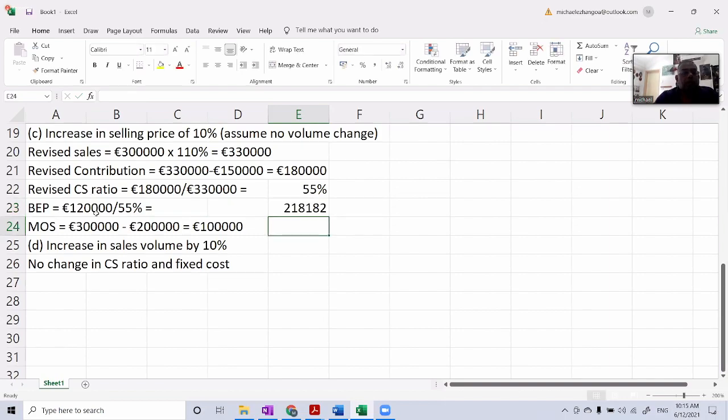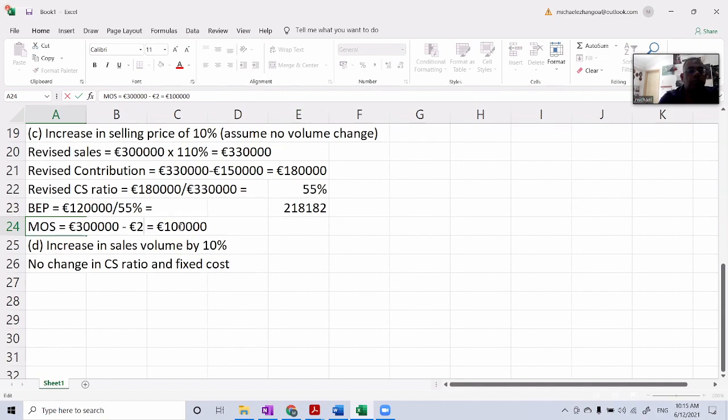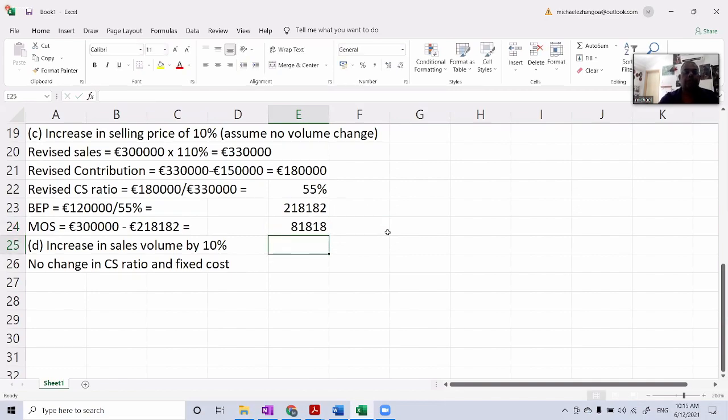Right? And margin of safety is 218,182. Yes, you're right. Okay.